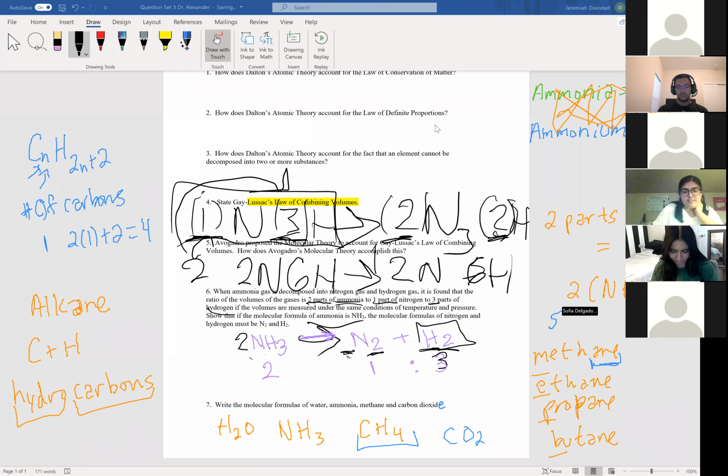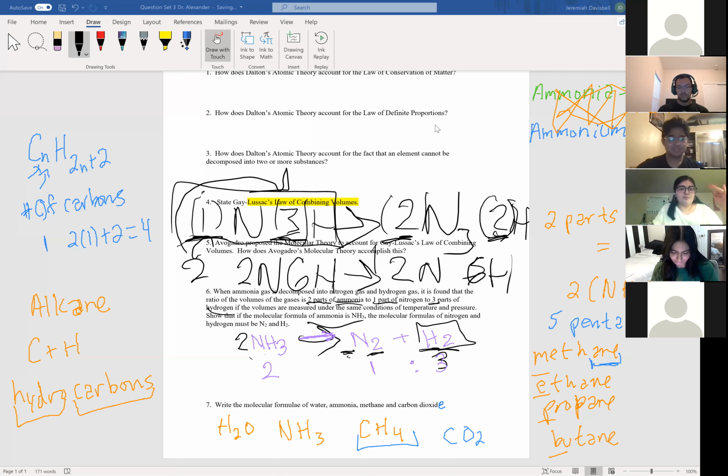If you have 5 carbons, that's pentane, and you just use those same prefixes from 5 to 10. But before that, you need to memorize these 4 names, with the mnemonic, Maria eats peanut butter: methane, ethane, propane, and butane. Does that make sense? Awesome. Any other questions?